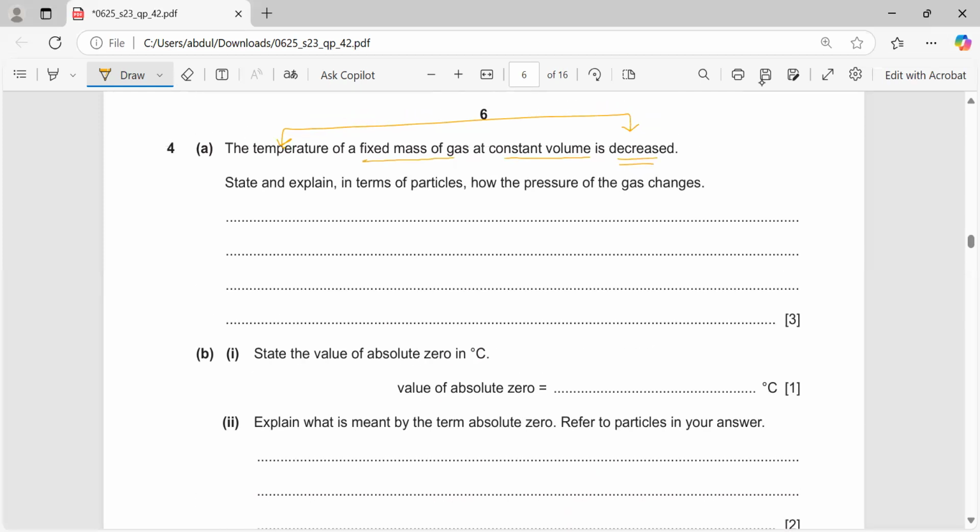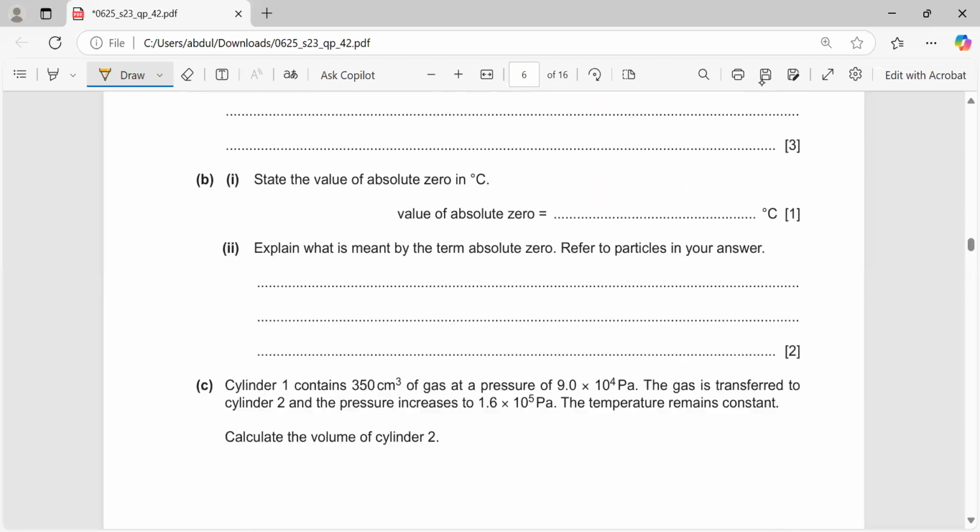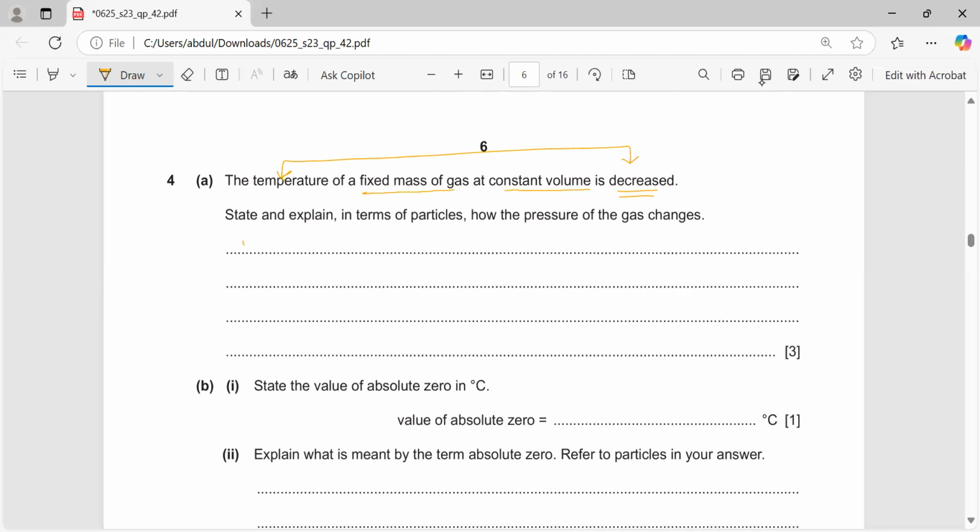Now see here, pressure of gas decreases as kinetic energy of particles decreases. Kinetic energy of particles decreases.